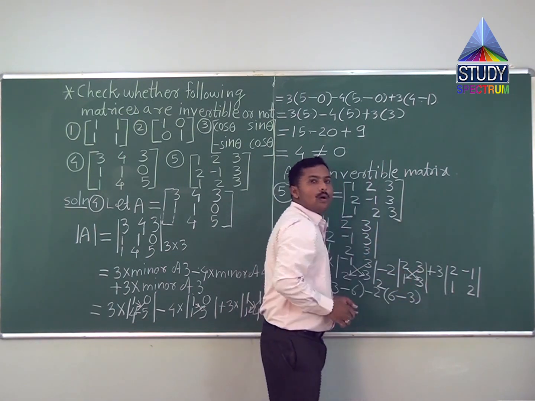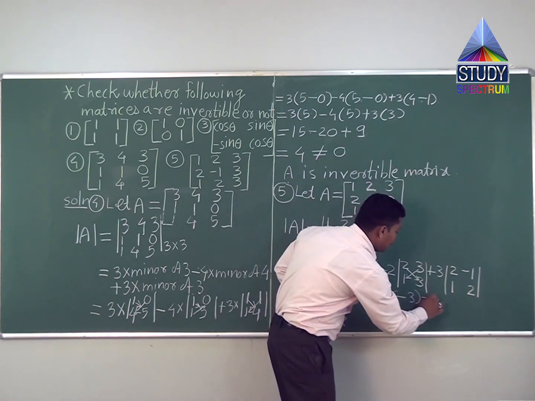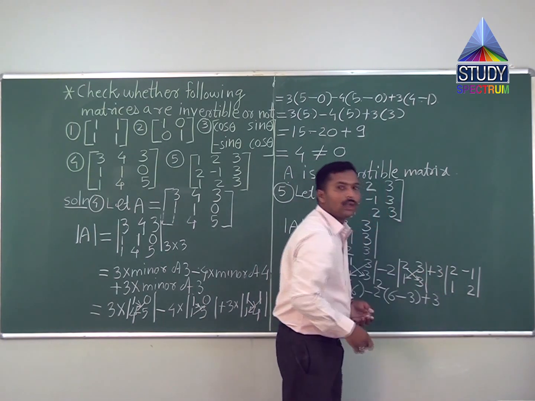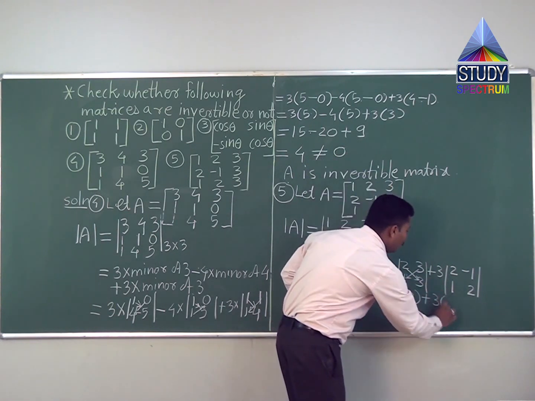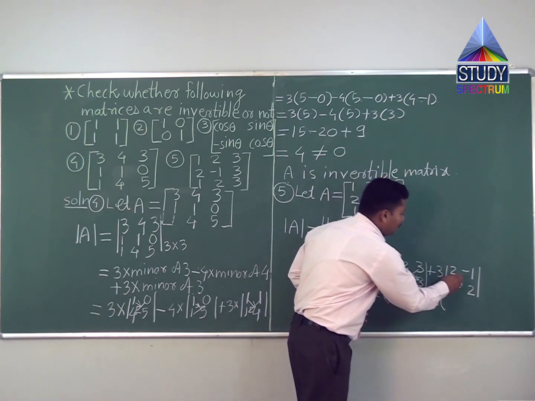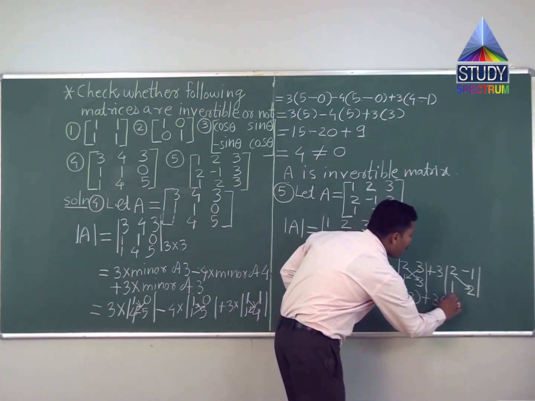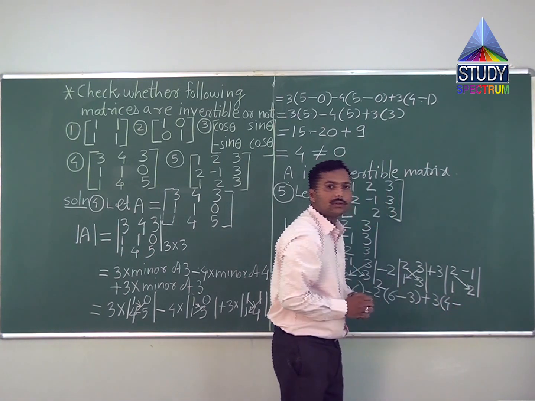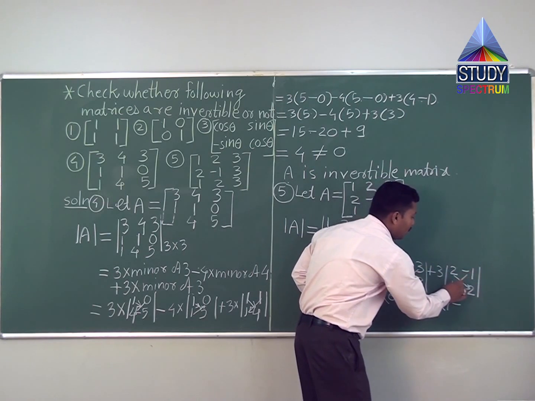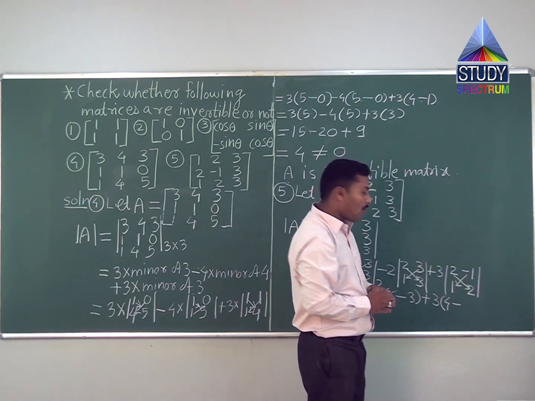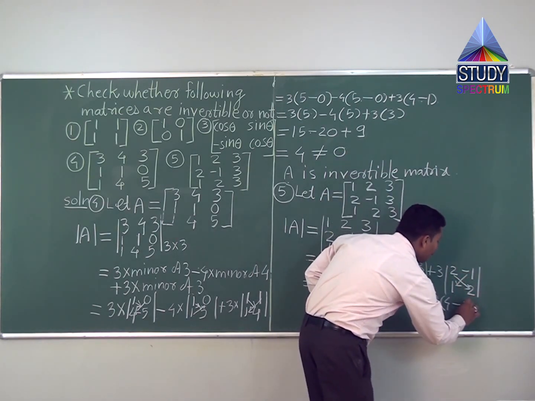3, plus 3 into this number 2 into this number 2, 2 into 2 is 4, minus minus 1 into 1, again minus 1.